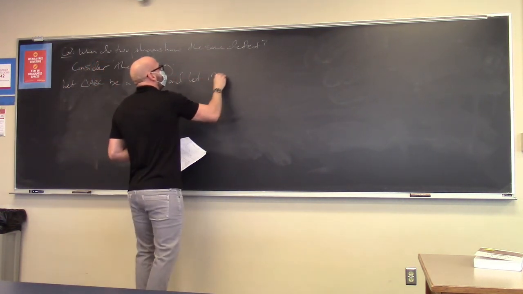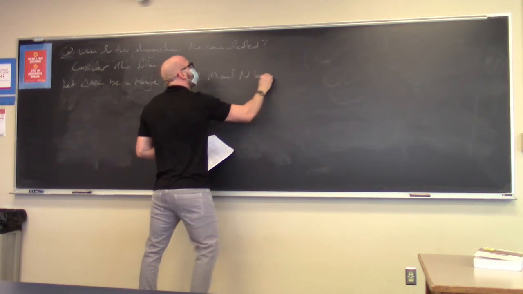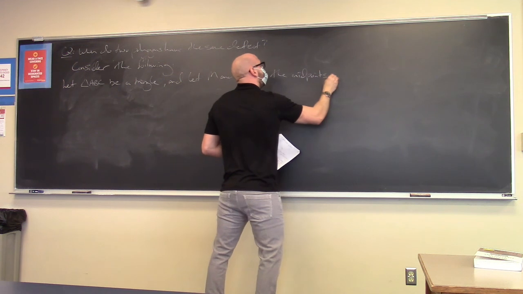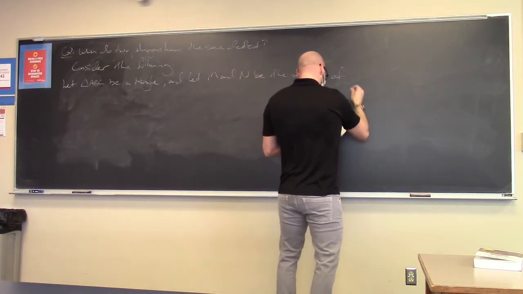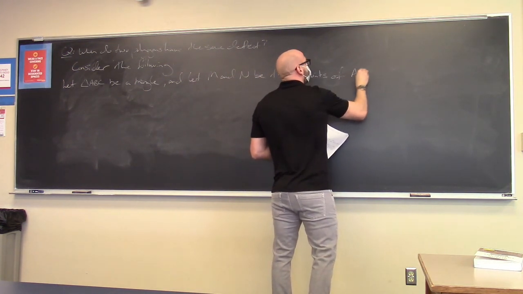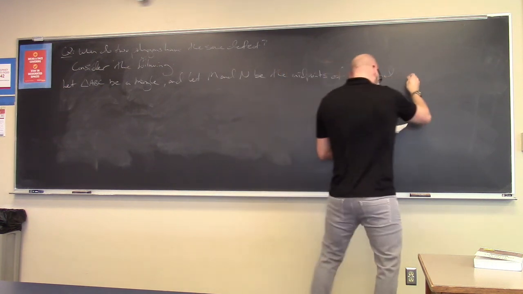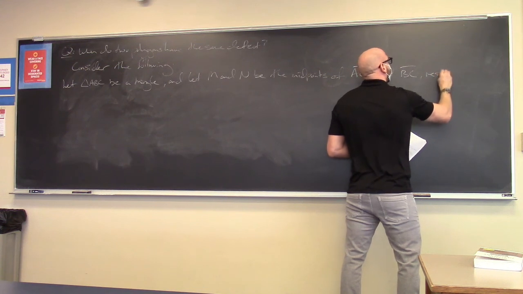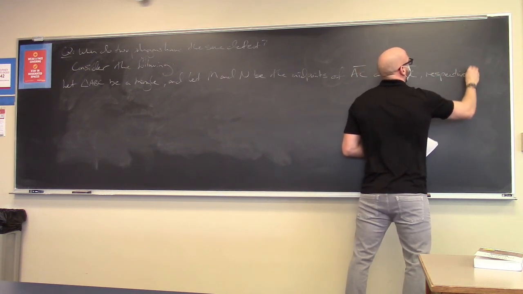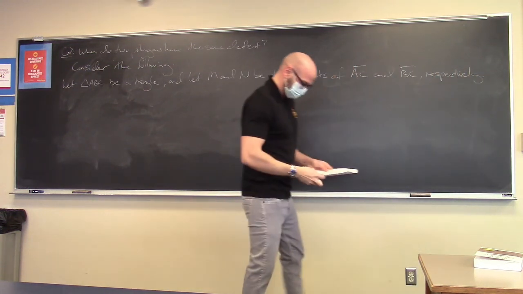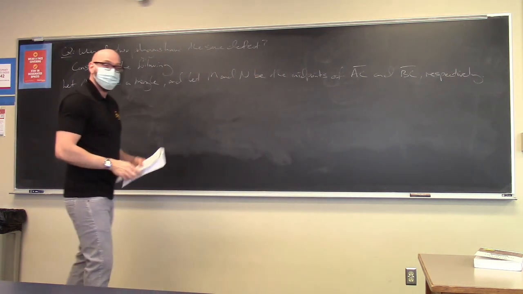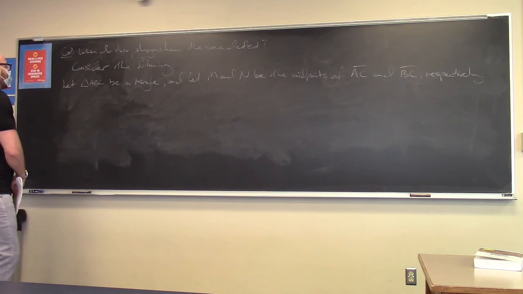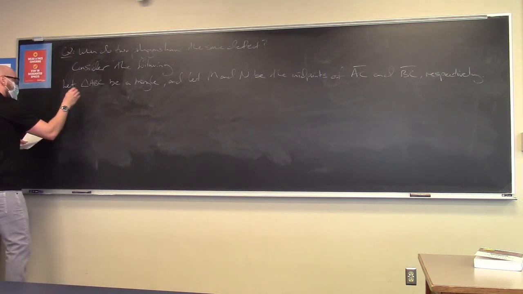And let M and N be the midpoints of sides AC and BC, respectively. So I'll draw a picture here in a second, but let me just continue on with what we're doing.